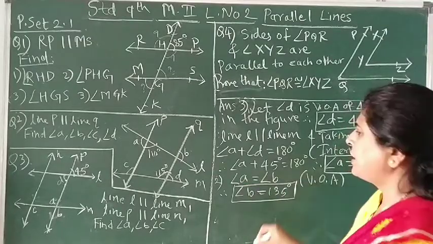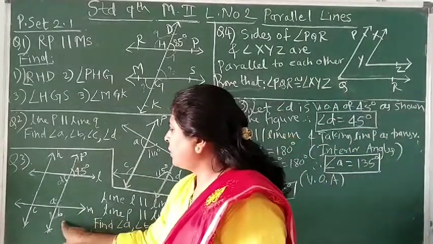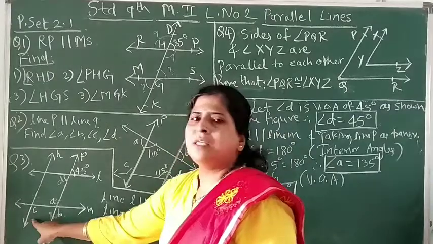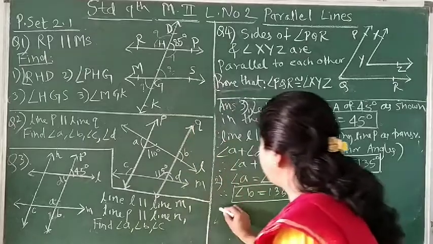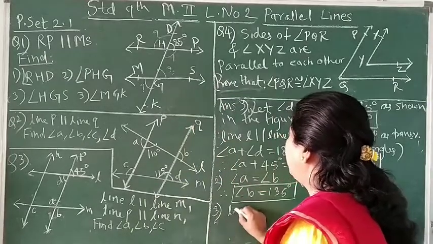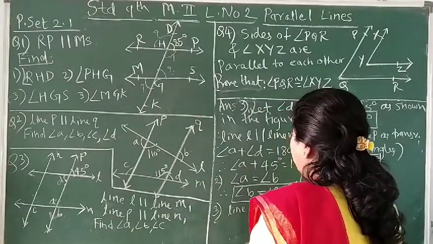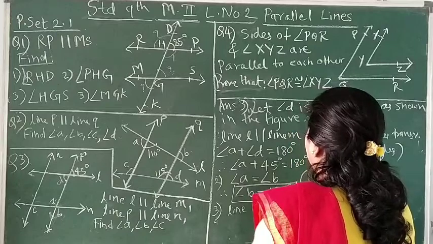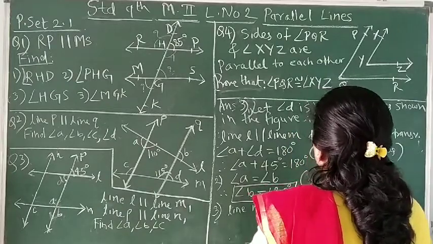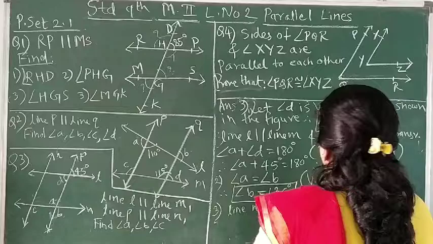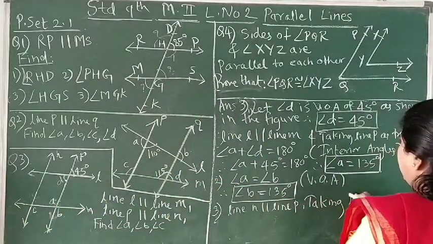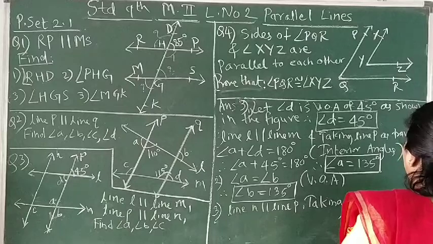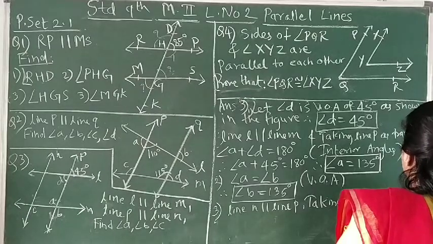Now what is angle C? B and C are corresponding angles, so line N is parallel to line P, taking line M as their transversal.